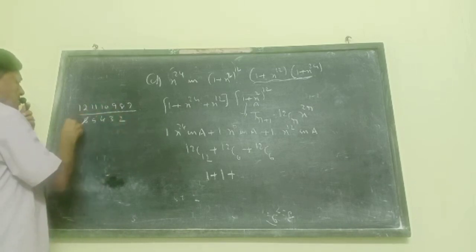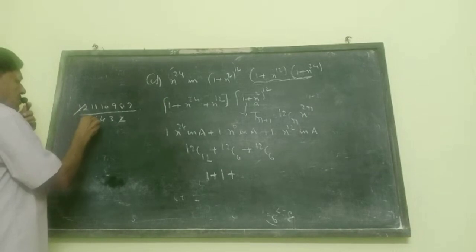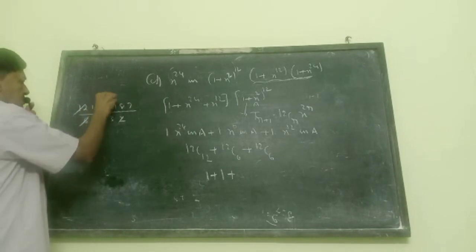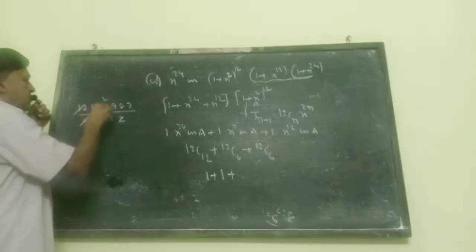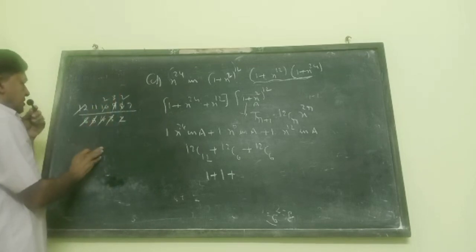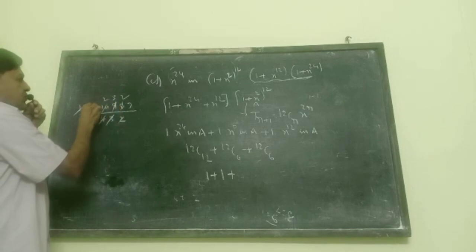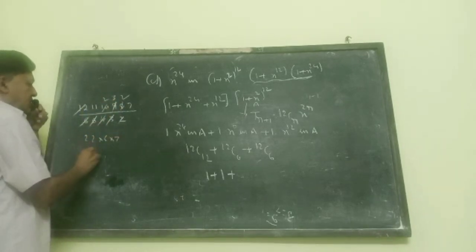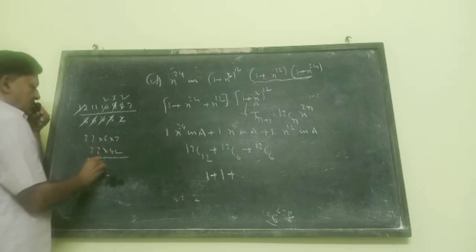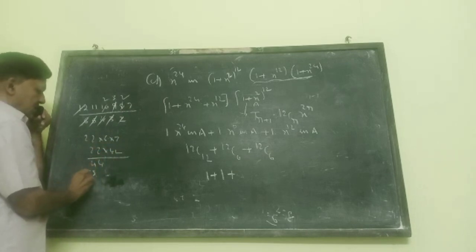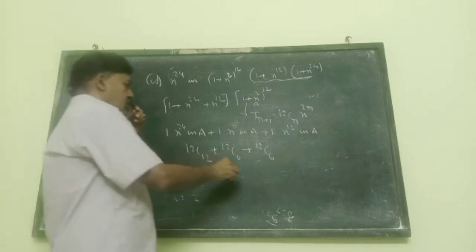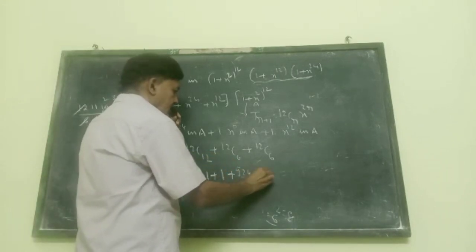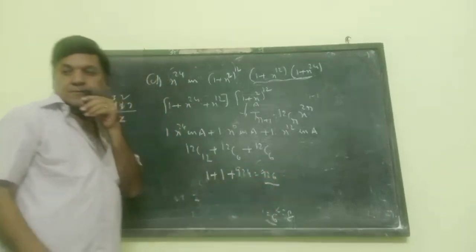Right? 6 twos, 5 twos, 4 twos, 3 nines. So finally 22 into 6 into 7. 22 into 42. So this is 924, so 926.